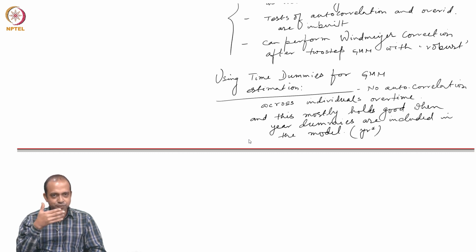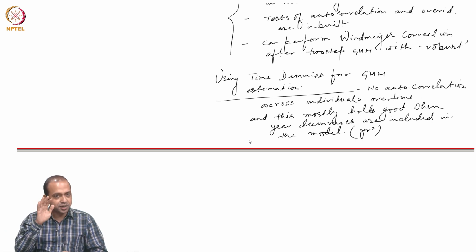So, individual-specific intercepts in the form of dummies were introduced in the model to take care of that individual effect. The same logic is applicable when we have year dummies: the assumption that there should not be autocorrelation across individuals over a period of time is mostly true when you have year dummies.